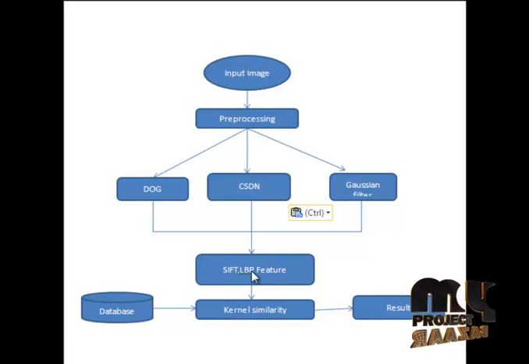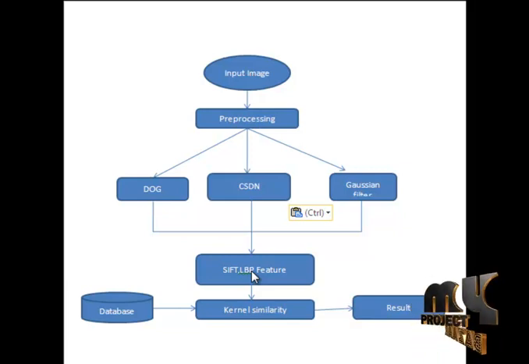And then it goes to the local binary pattern. It is a binary pattern for the image based on the difference between the pixels. If the center difference is positive, the value will be allocated as 1. If it is negative, it will be allocated as 0. Likewise, the binary pattern will be created.